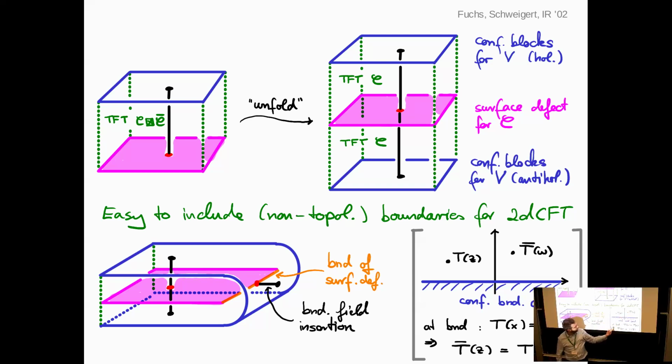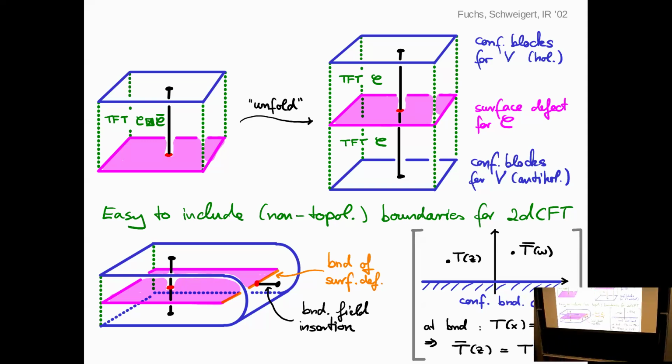So on the boundary you have the equation that T of x is equal to T bar of x, right? But T bar depends anti-holomorphically on its insertion point, and T depends holomorphically. So therefore you can have a correlation function of T bar up here expressed as an analytic continuation of a correlation function of T, right? And so that's being modeled by this process.